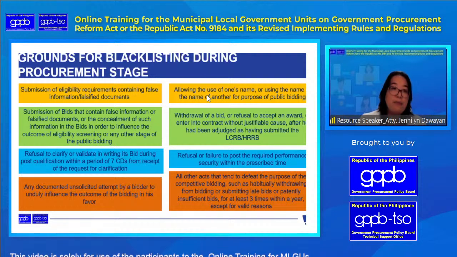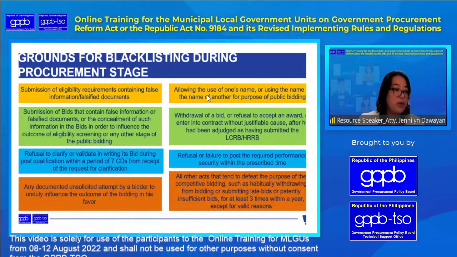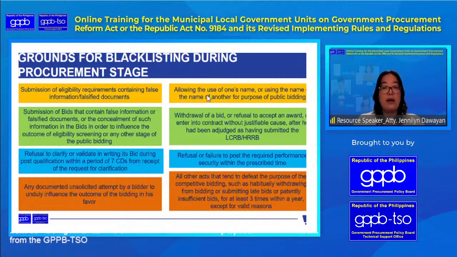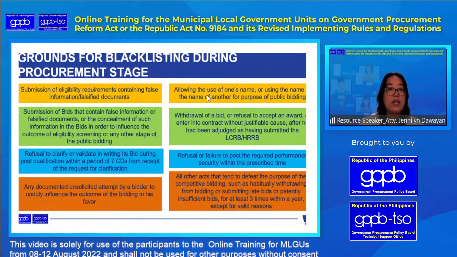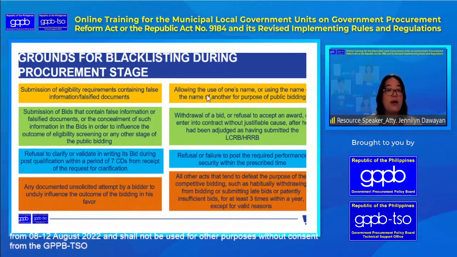So kung nag-submit siya ng eligibility documents, so ano po ba yung eligibility documents? The eligibility documents refers to your platinum PhilGEPS registration, yung mga yan, no? Mga tax clearance, no? So if it has been determined that false or falsified, and I have said a while ago in my previous discussion that we have found, no, some tax clearances that are pinalitan lang yung kanilang number, no?